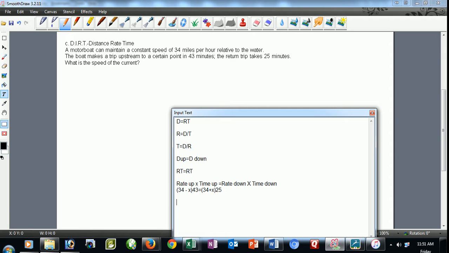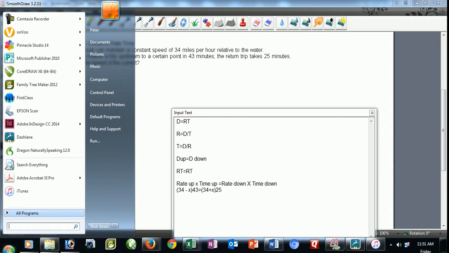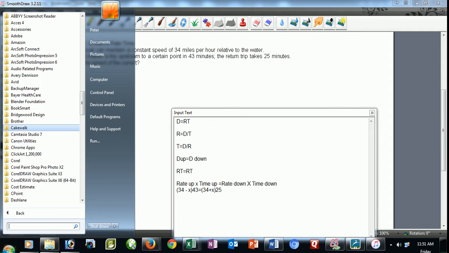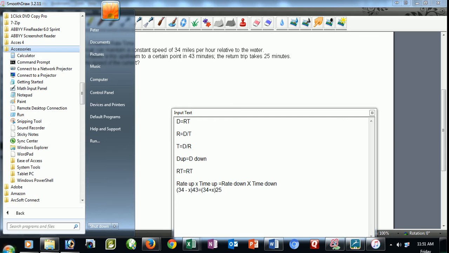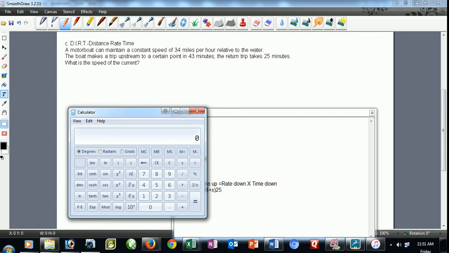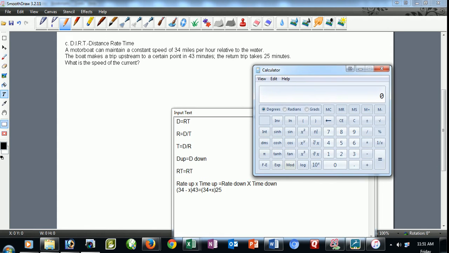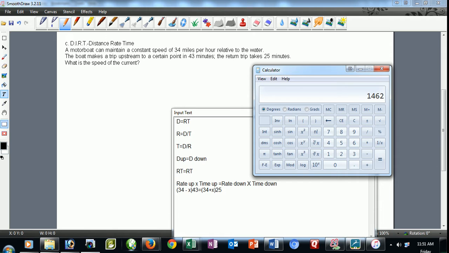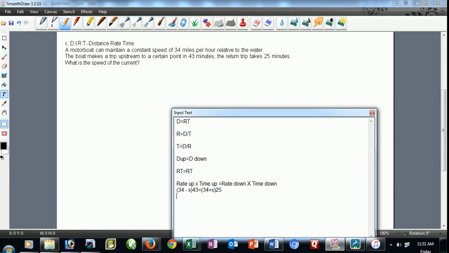While I'm here, let's go ahead and distribute this. Let's bring up the handy dandy calculator. I'm being lazy, I don't feel like thinking. I'm distributing that: 34 times 43. That gives me 1,462.